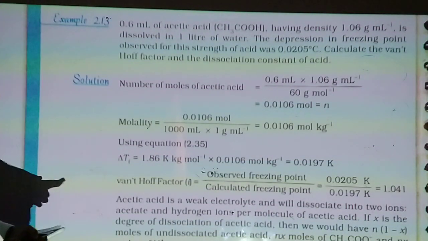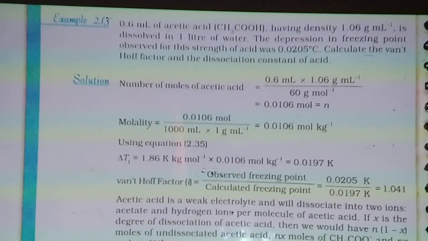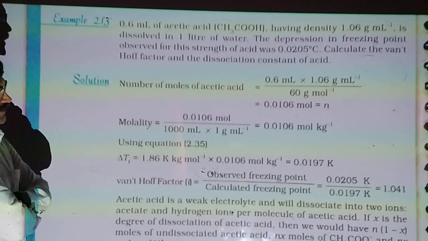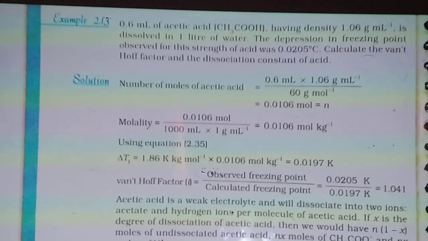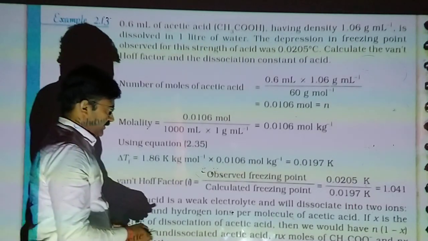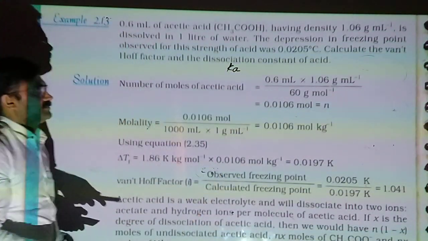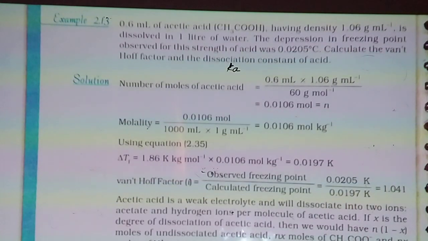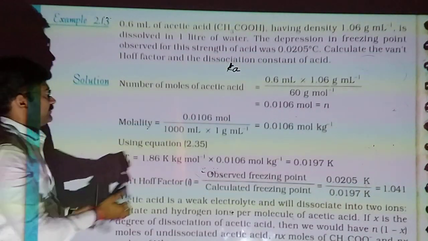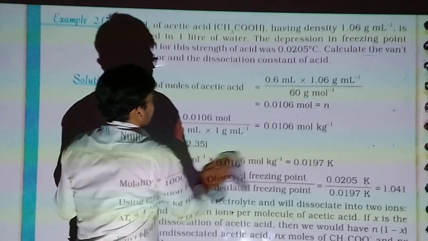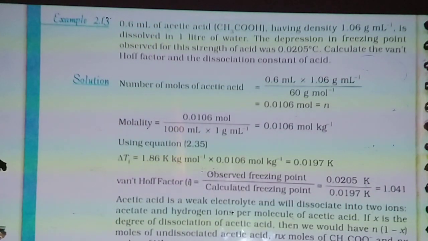The depression in freezing point observed for this strength of acid was 0.0205. Calculate the van't Hoff factor and dissociation constant of the acid. Dissociation constant means Ka, from the equilibrium chapter. Here, the number of moles of the acetic acid.